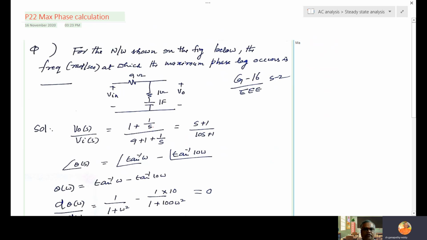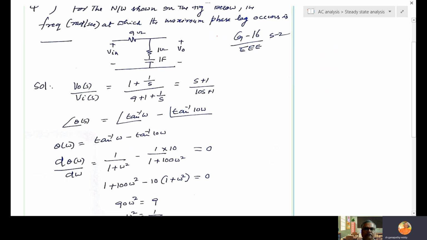Here 1 plus 1 by s by 9 plus 1 plus 1 by s, simplify. Then we are particular with the angle. So the angle is tan inverse omega minus tan inverse 10 omega. Then theta of omega is tan inverse omega minus tan inverse 10 omega.